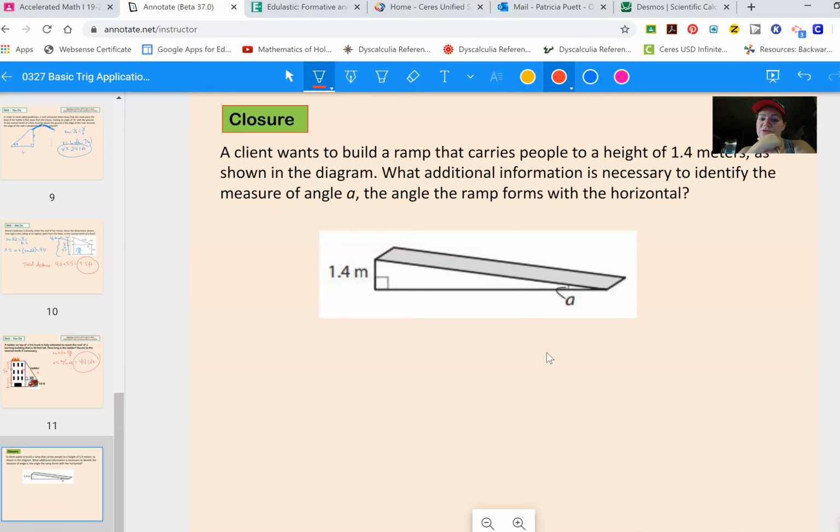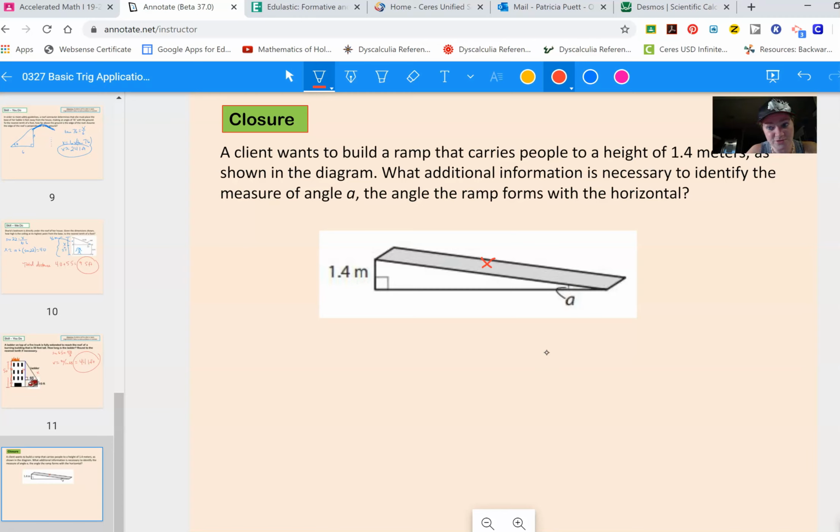Okay, so there's a couple different ways you can look at the problem. One way is, let's say you wanted to use sine to figure out angle A. I know how tall it is. In other words, you know the height of what the ramp incline is going to be. And then what you would need to know is how long the ramp is. So that's one thing.